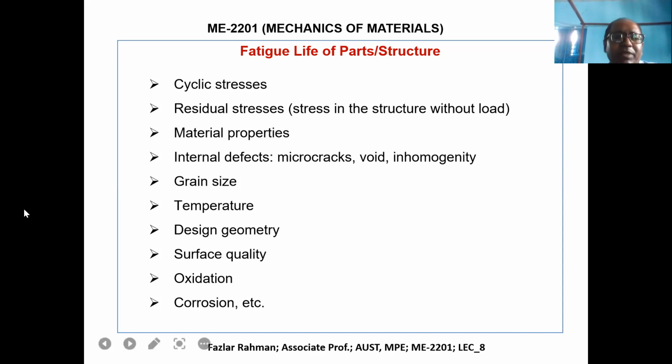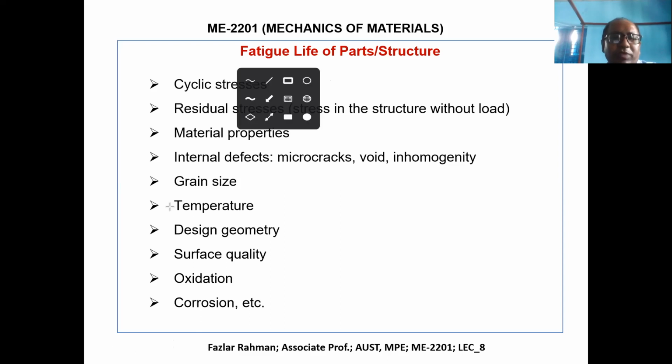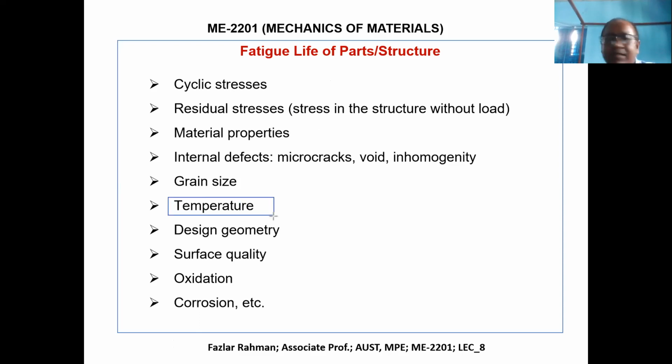Number one is temperature, for which I already gave you an example. So just remember those factors: temperature. Then surface quality: if the surface is rough, with too many sharp edges, cracks develop from there. Then oxidation or corrosion, from keeping it in the atmosphere. If you have some rust, your fatigue life will decrease.